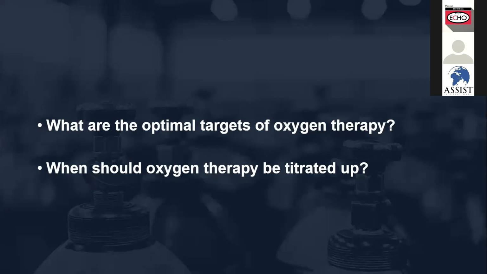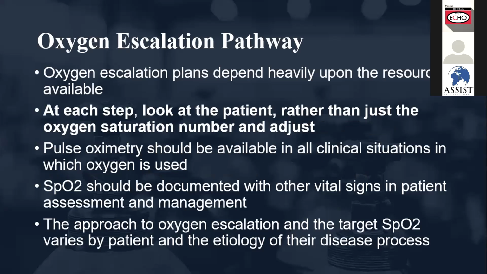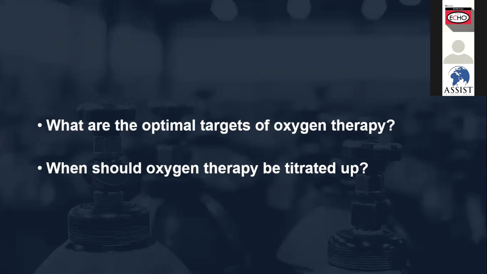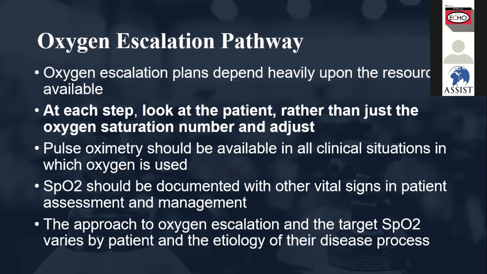Let's go to the next to see how we can escalate the oxygen level to a patient, the oxygen escalation pathway. This escalation plan will depend heavily on the resources you have in your hospital.